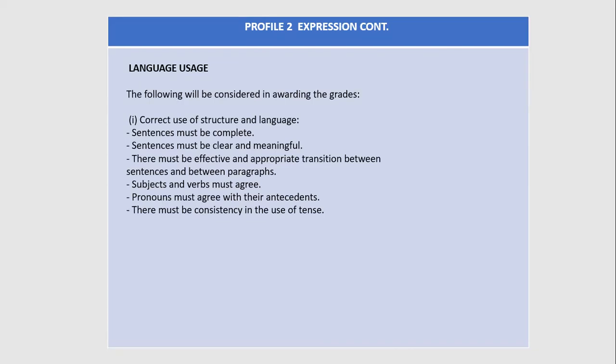So you are accustomed to doing this. I don't have a problem with language use for your essays. However, I want you to be mindful that there must be effective and appropriate transition between sentences and between paragraphs.